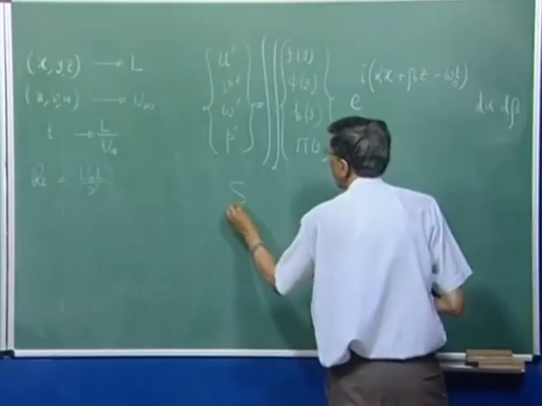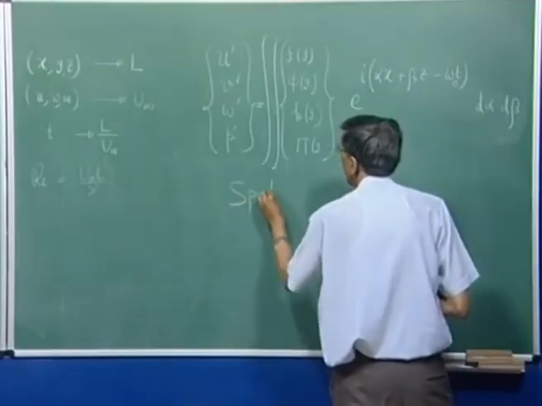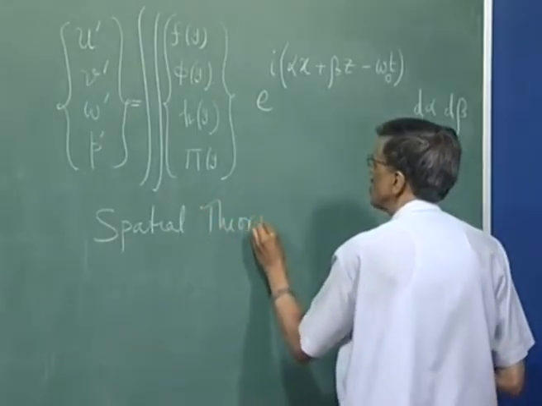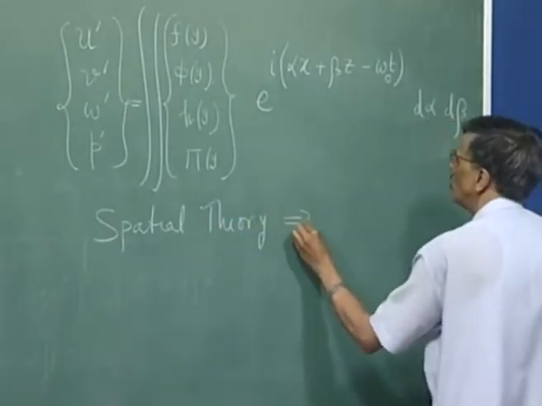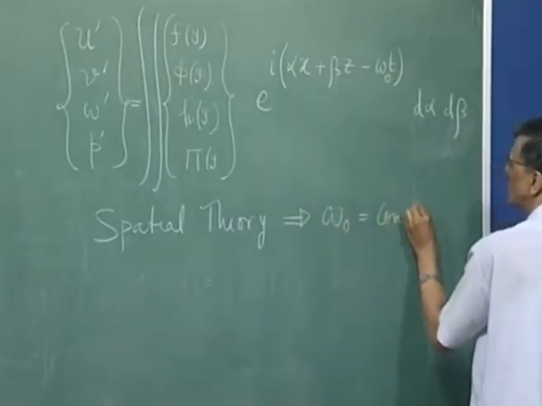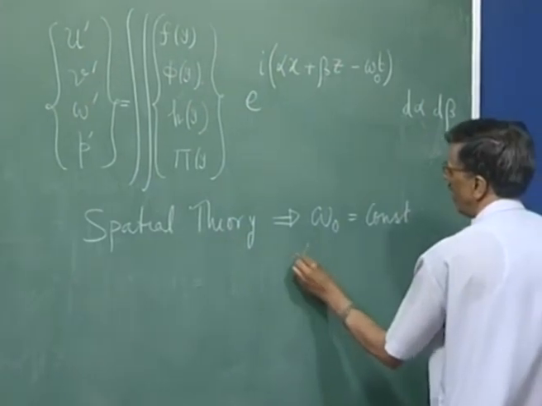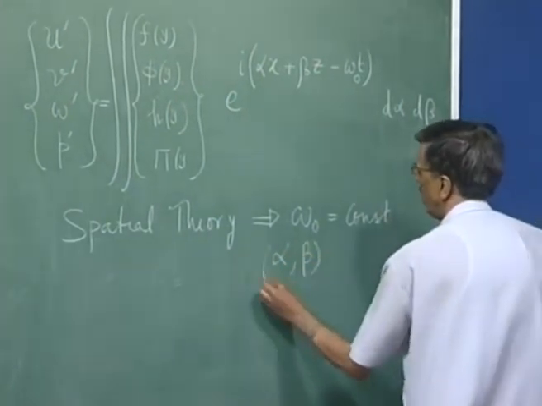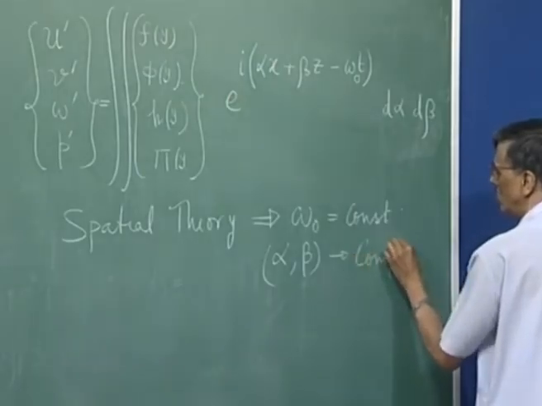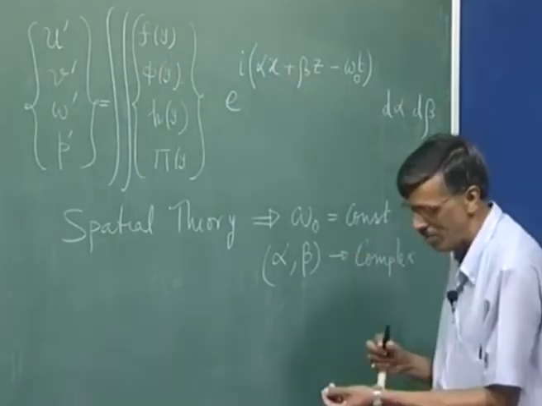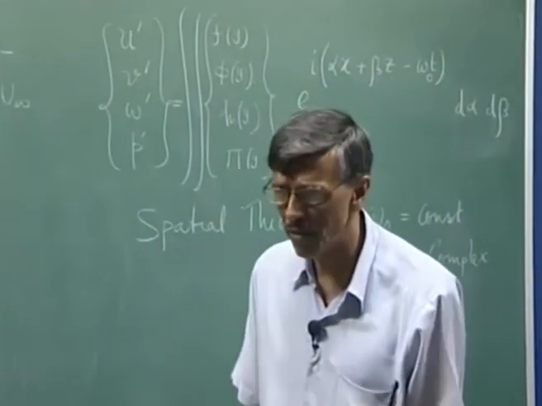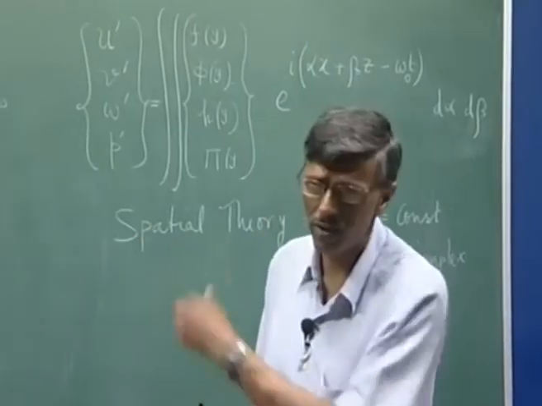So, we are looking at spatial theory, which corresponds to omega naught equal to constant and alpha, beta as complex. Okay. So, I think we will stop here, we will begin from here in the next class, and we will see where it leads us to.